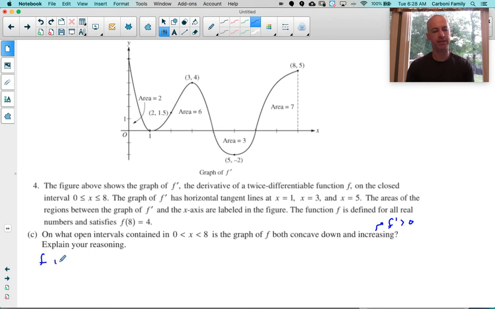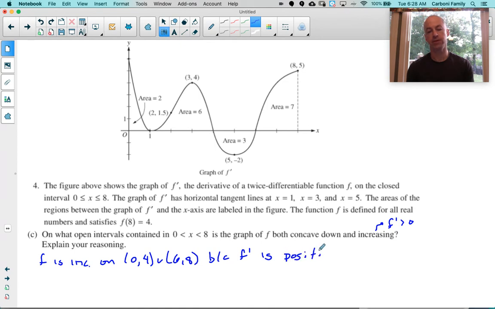I'm going to say f is increasing on the interval 0 to 4, and then again from 6 to 8, because f prime is positive.